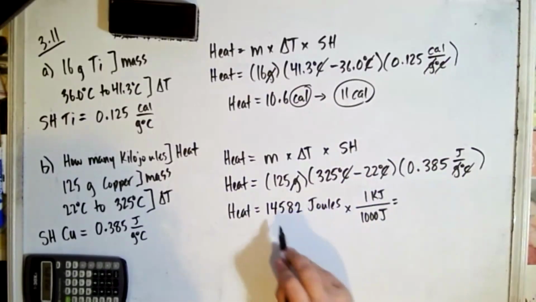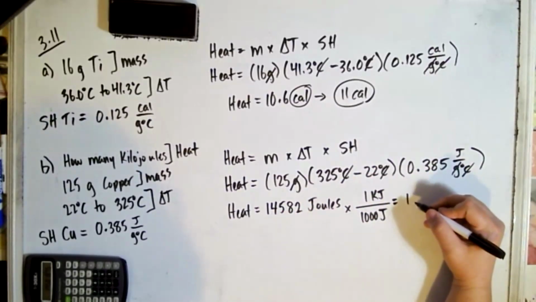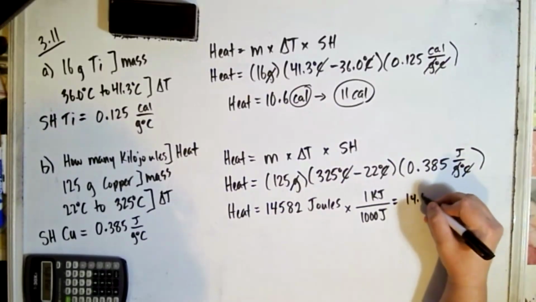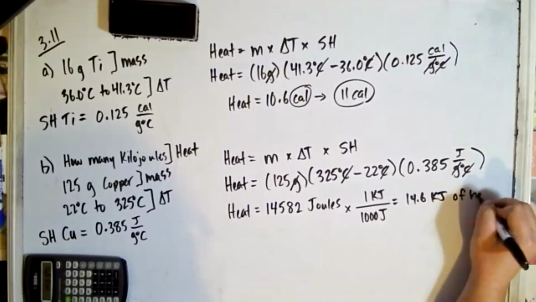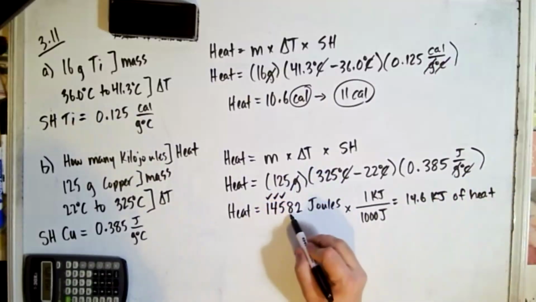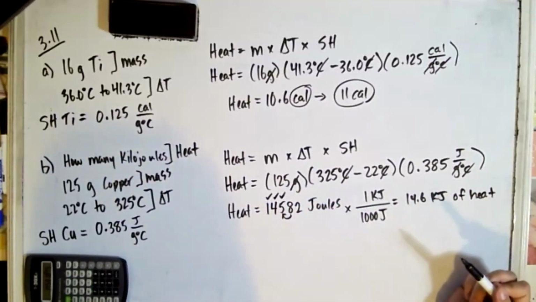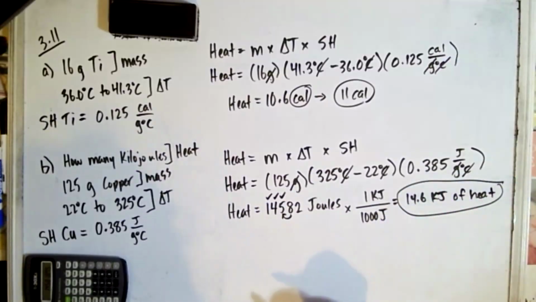So what you're looking at here is 14.6 kilojoules of heat. We're keeping three significant figures here, so that 8 is going to round that 5 up to a 6. This would be the right answer.